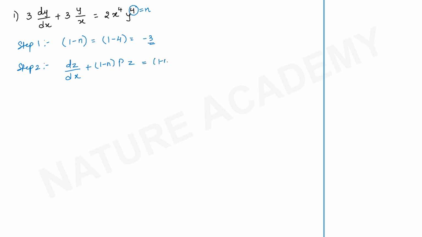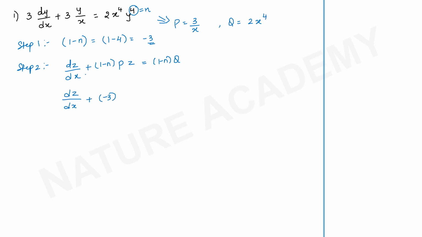Now in this given equation, we have p is equal to 3 by x, and we have q is equal to 2x raised to 4.